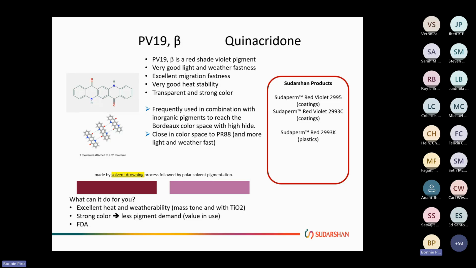So combining with some inorganic pigments like CICPs, you can reach some very good color spaces that have exceptionally good hiding. And then the combination of the Violet 19 and the CICP offers very, very good weatherability perspective. And also this does bring with it the FDA. A lot of options here for these particular pigments.